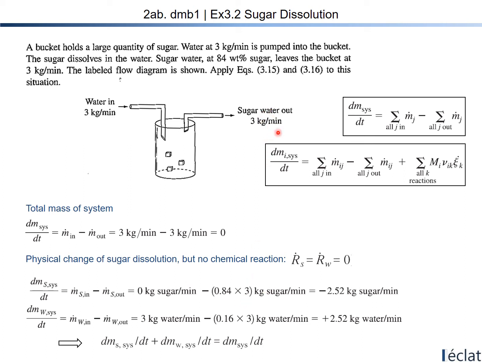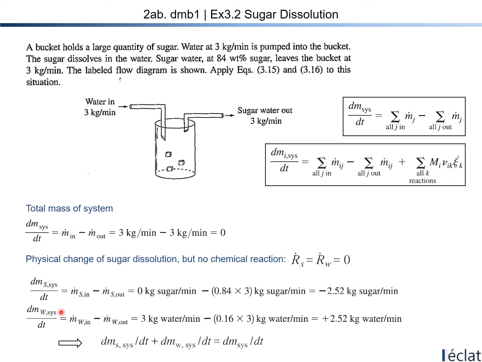The total flow rate was 3 kg per minute, and the composition of the output stream was 84% sugar. So 0.84 times 3 is the output term. The resultant value is minus 2.52 kilogram sugar per minute. It means every minute 2.52 kilograms of sugar disappear inside of the system.